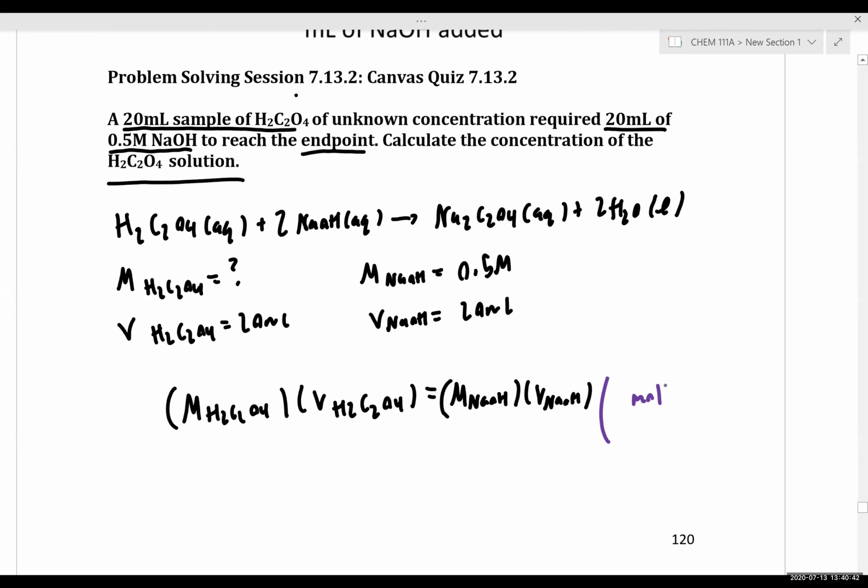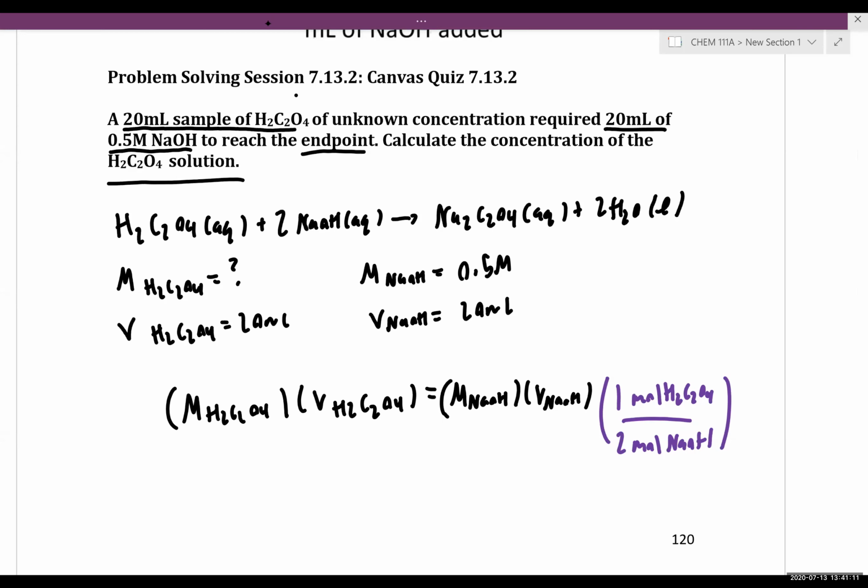How many moles of oxalic acid react with how many moles of sodium hydroxide? What is our mole to mole ratio? This is really important. What is the mole to mole ratio? 1 to 2, right?